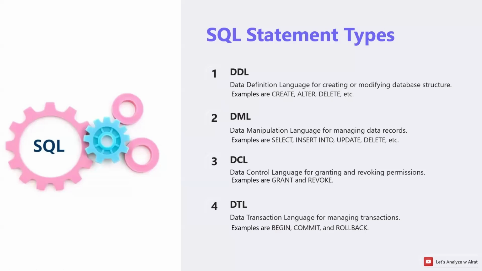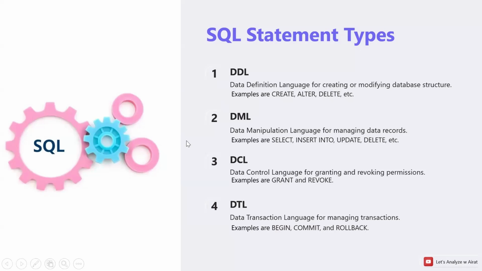Data definition languages are used to create or manipulate the database structure. So it's majorly used for creating things like the schema, tables, to alter tables, to delete tables, drop tables, and the likes. It focuses mainly on the structure of the database.